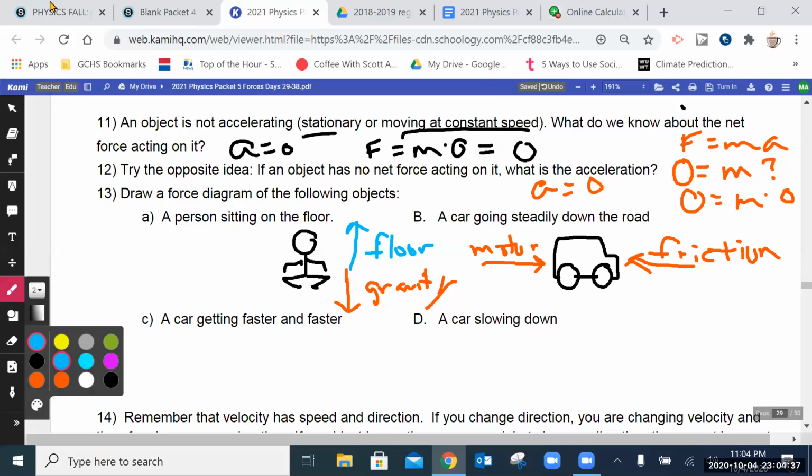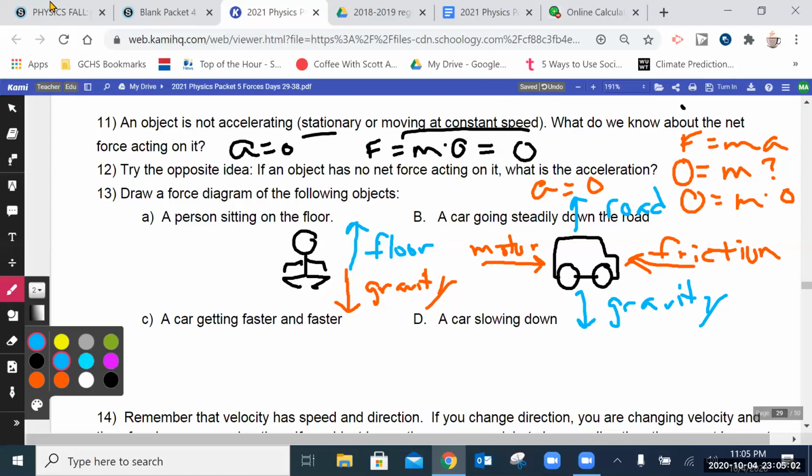But it's more than that. We have the force of gravity pulling down, and we have the force of the road pushing up. Those two blue arrows are the same length to represent the idea that these two forces are equal but opposite, so they cancel out.